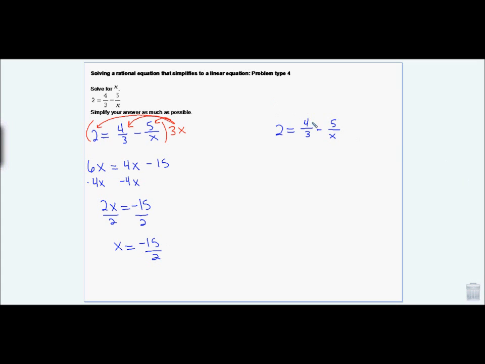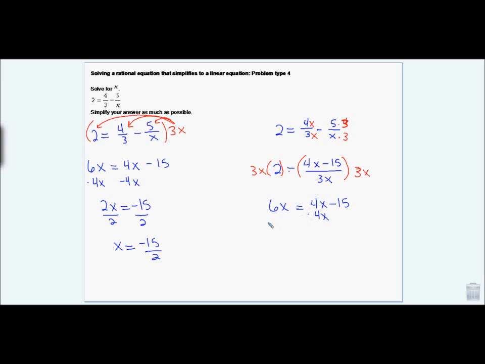Or we can just give each individual fraction a common denominator. Sorry, that should be times 3. So we get 2 is equal to (4x minus 15) over 3x. Multiply both sides by 3x, and I get 6x is equal to 4x minus 15.